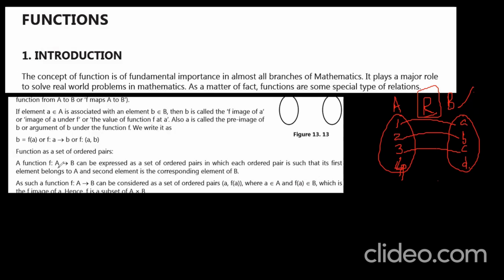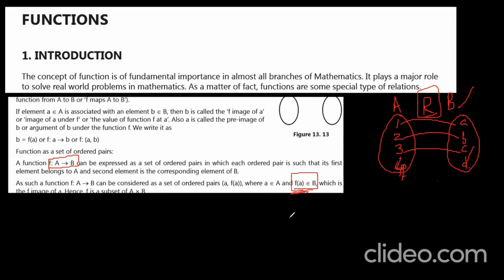Function F maps A into B can be expressed as a set of ordered pairs in which each ordered pair is such that the first element belongs to A and the second element belongs to B. First element definitely belongs to A and second element belongs to B. That is, a function F maps A into B, considered as a set of ordered pairs (a, f(a)), where a belongs to A and f(a) is equal to b, which is the F image of a.